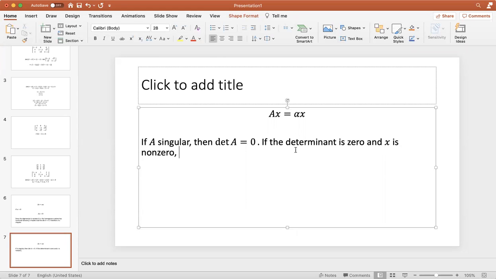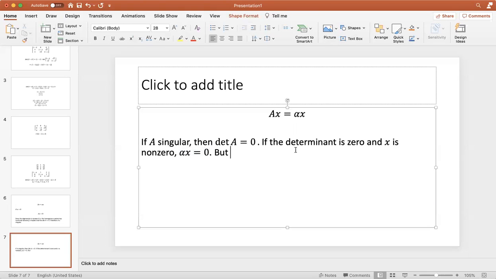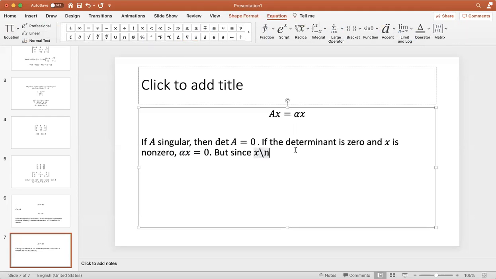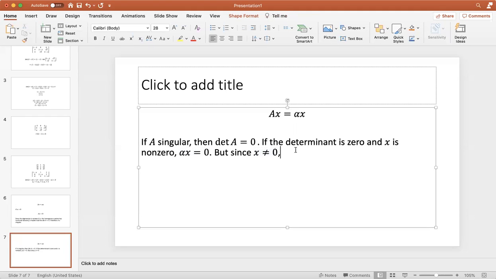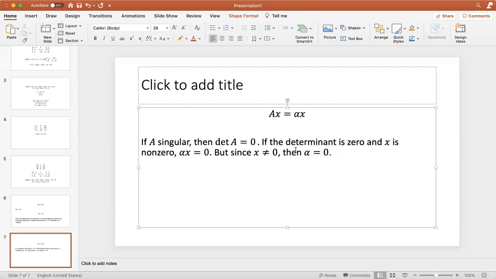If the determinant of A is 0 and X is non-zero, the only plausible thing, the only possibility, the only sensible possibility is that alpha X must be 0. But since X is supposed to be non-zero, then alpha, or the eigenvalue, must be 0.